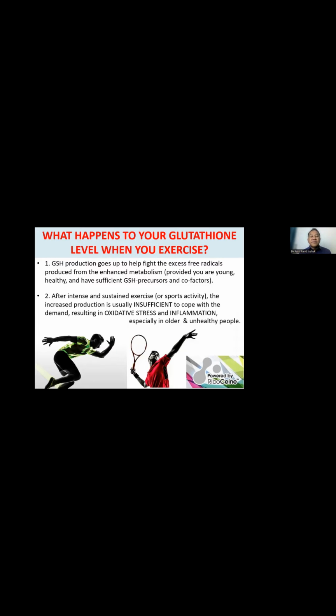Glutathione is required. But if you do very intense exercise or for long duration, then the production may not be enough to cope with the demand, especially if you're old and unhealthy.